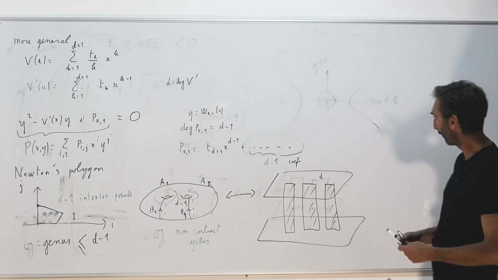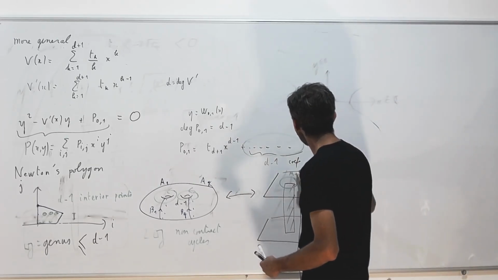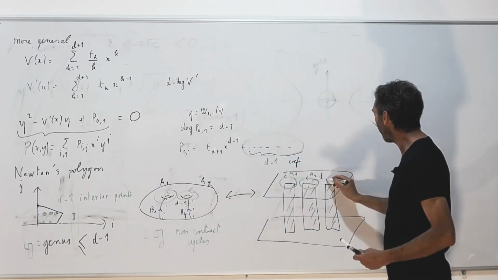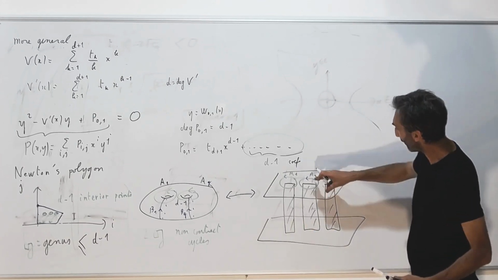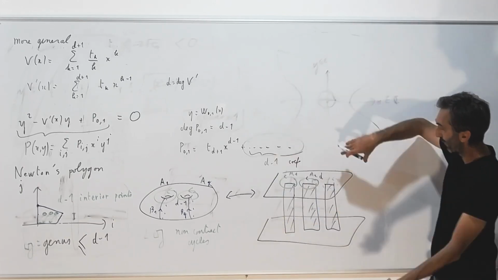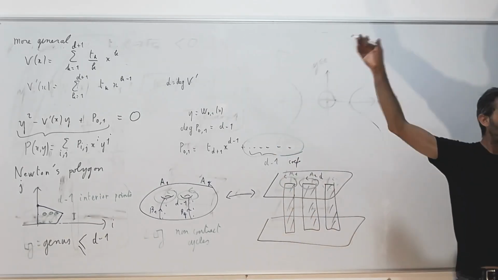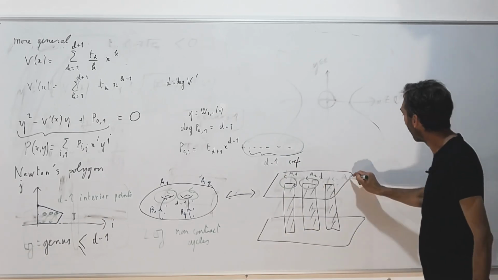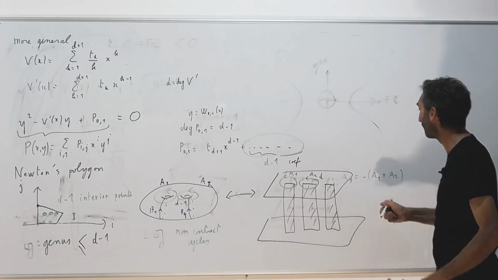And on this picture, A1 is here, A2 is there. In fact, you would like to call that A3, but in the first plane, A3 can be obtained by moving A1 and A2 to infinity and closing back to A3. So in fact, A3 is just minus A1 plus A2. So it's not independent.